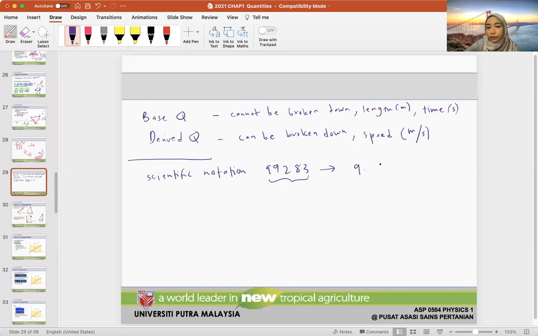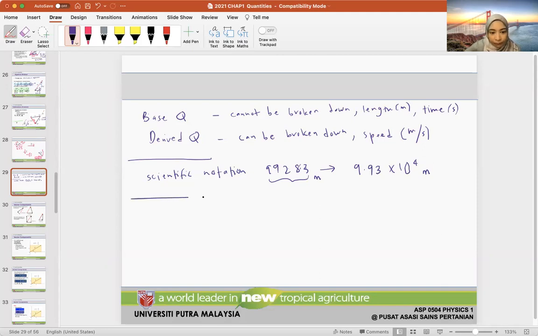This is acceptable for the test, for anything really, for our assignments, 2 decimal points. So 9.93 times 10 to the 4. And then if they have units, put the units there. Do not forget your units. Units is very important in physics.